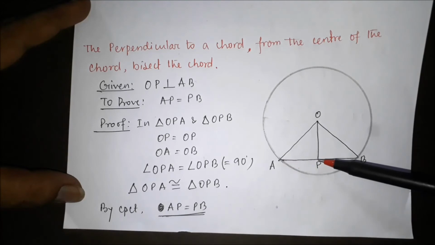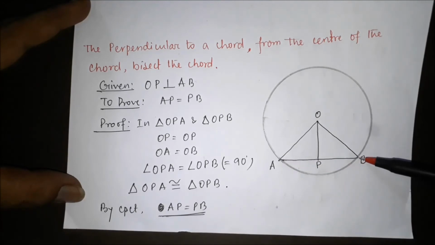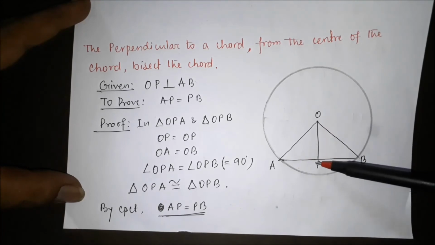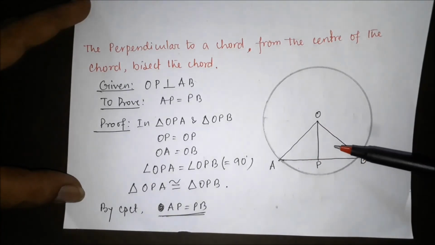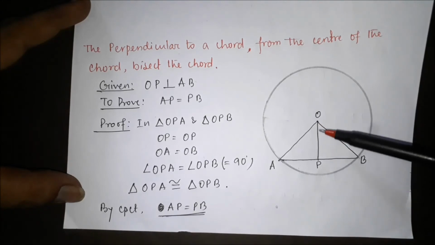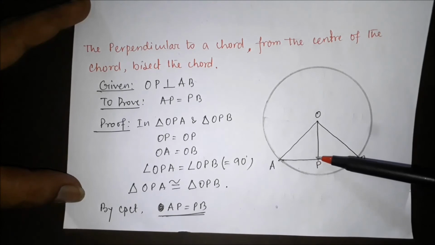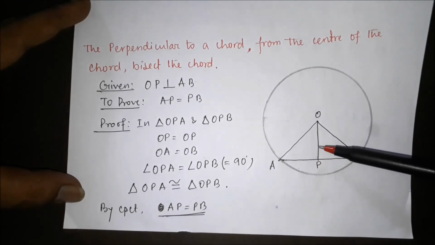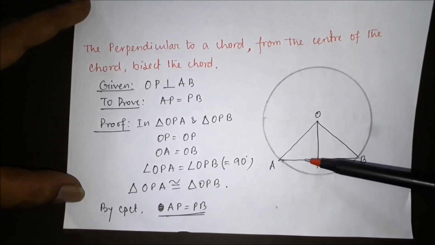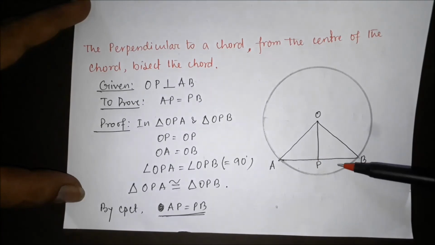That means we need to prove that AP equals PB. Now we consider the triangles OPA and OPB. In these two triangles, OA is equal to OB, OP is the common side, and this angle is given as 90. So these two triangles are congruent to each other. By CPCT we can say that AP equals PB.